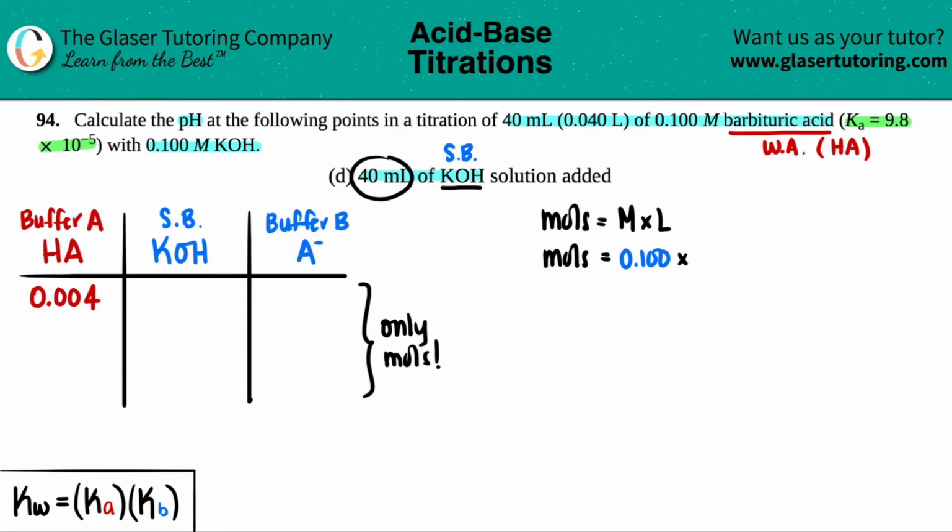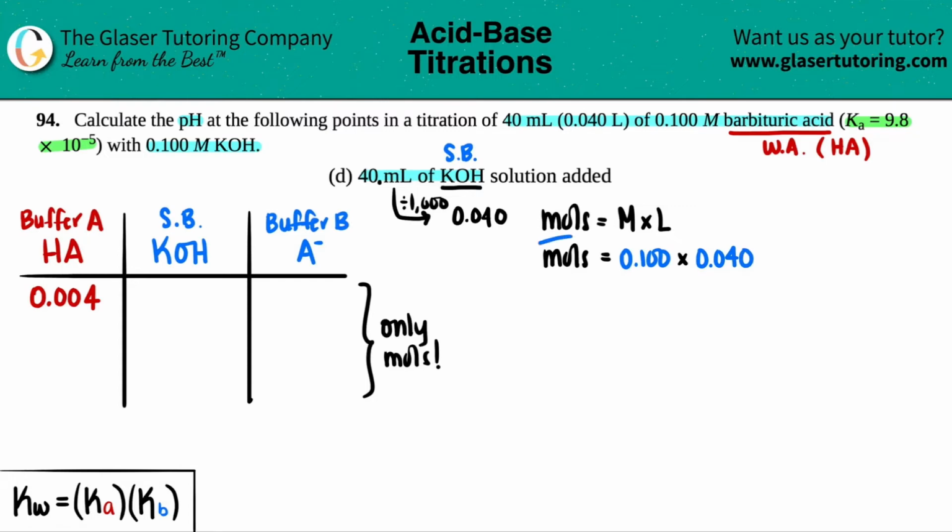Now this is in milliliters, but I can convert it into liters. It's pretty simple. Milliliters to liters, all you have to do is divide by 1,000. Or you could just move your decimal to the left 3 times, and you'll come out with 0.040. 1, 2, 3. Yep, that makes sense. 0.040.